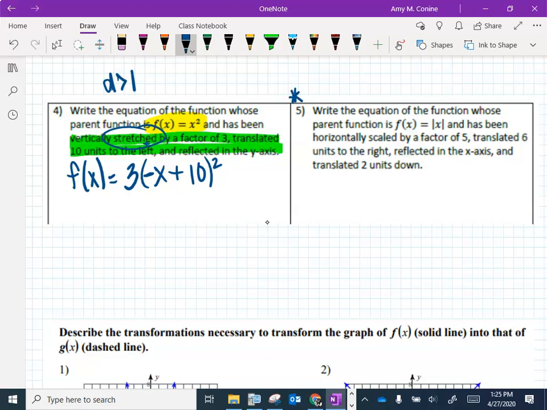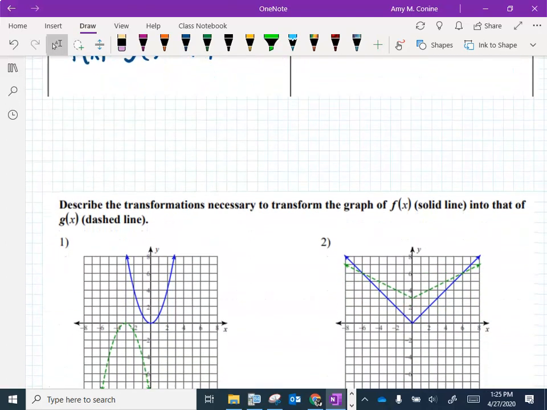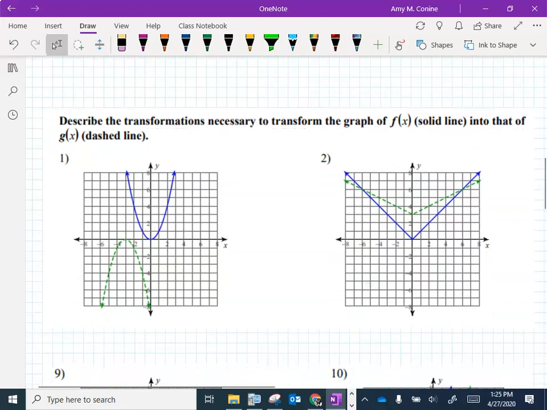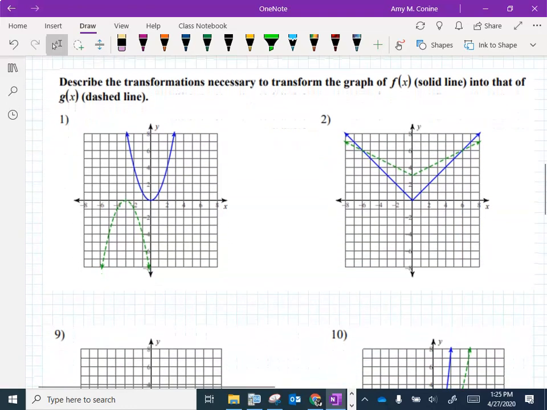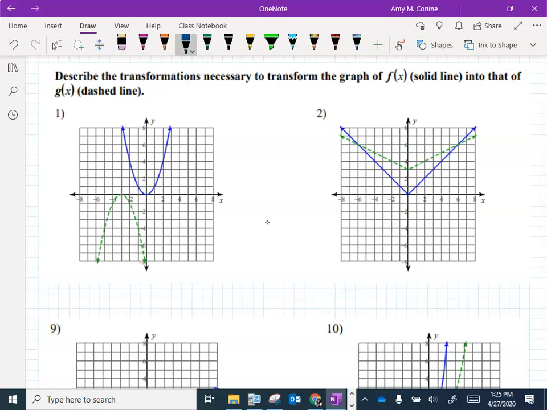Okay. All right, I want to move down. I want to take a look at creating an equation from our graph. So for number 1 here, it says describe the transformations necessary to transform the solid line to the dashed line. So this is the one we started with.